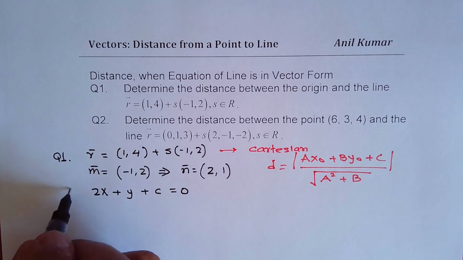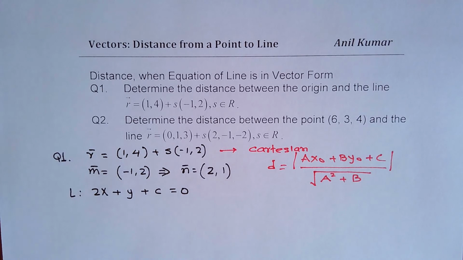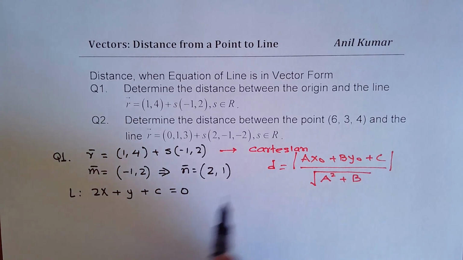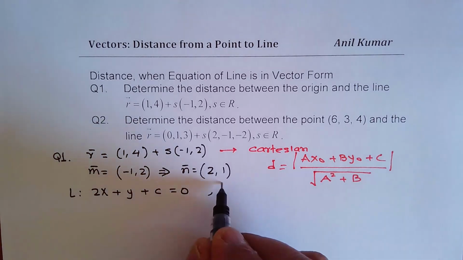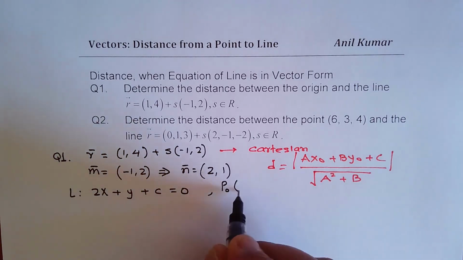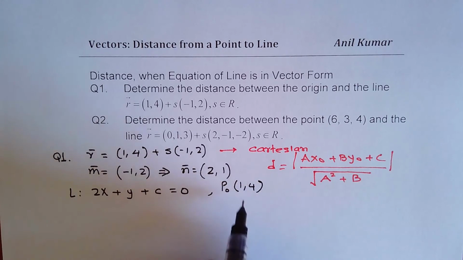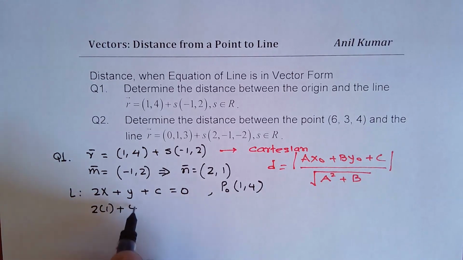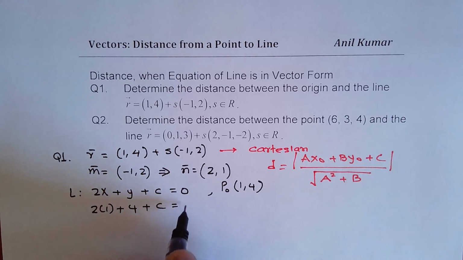Now to find the value of c, we can use the point given on the line, which is (1, 4). Let's call this p0, (1, 4). Substituting 1 for x and 4 for y gives us the value of c. We get 2 times 1 plus 4 plus c equals 0, which is 6 plus c equals 0.